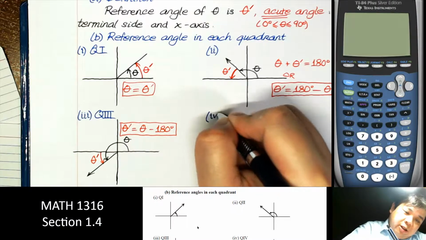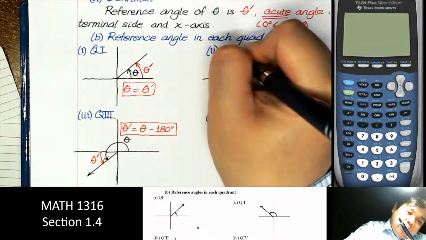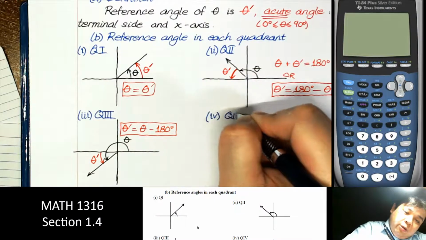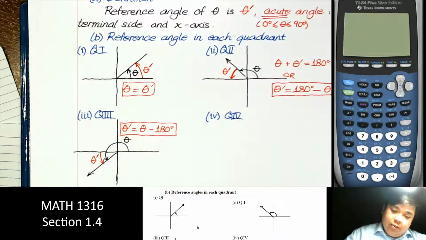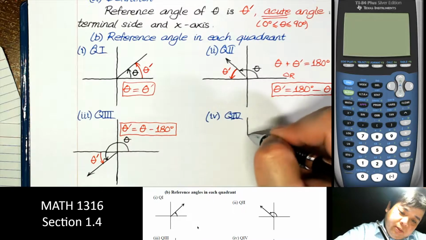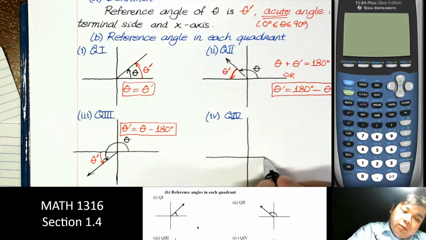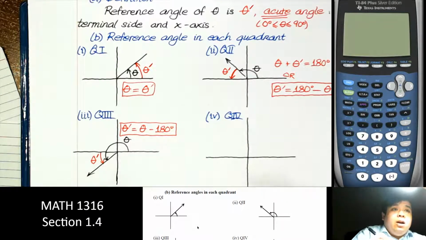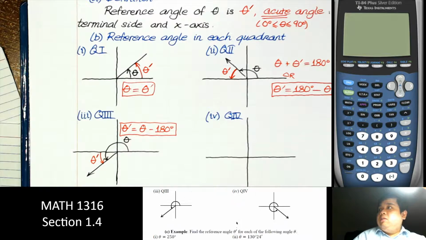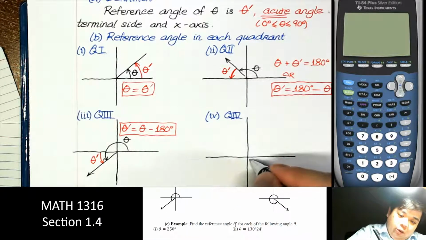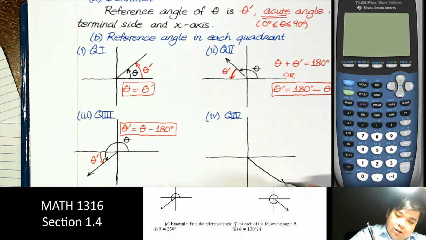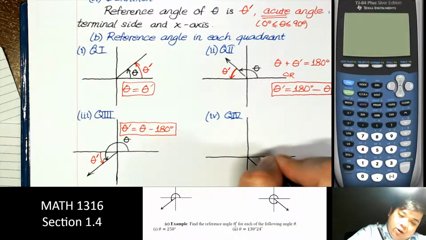Quadrant 2, quadrant 4. Now quadrant 4. A standard position angle going like this.